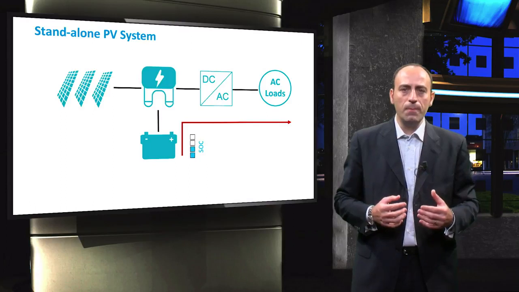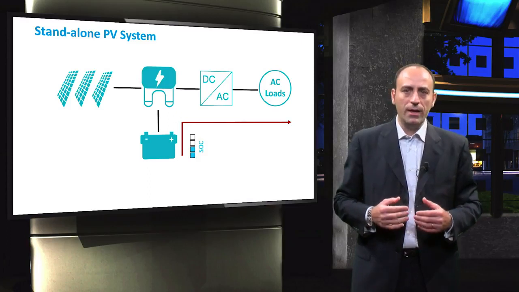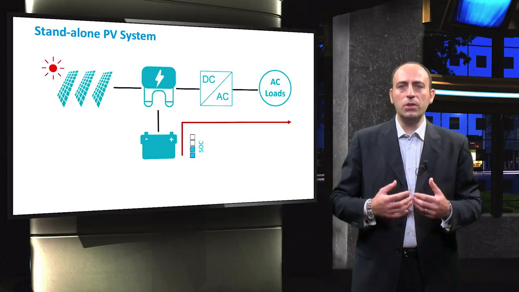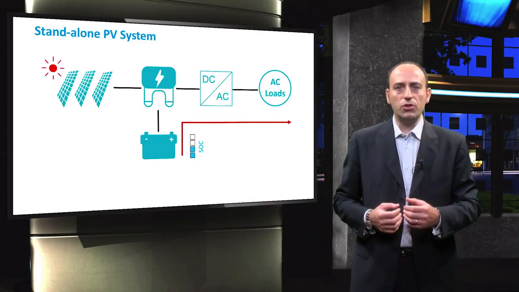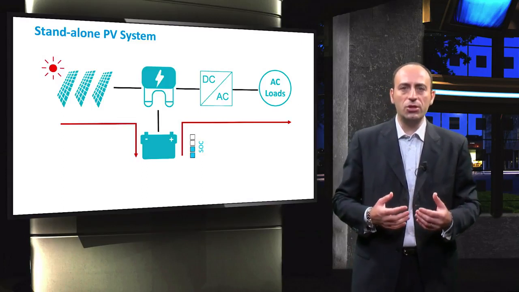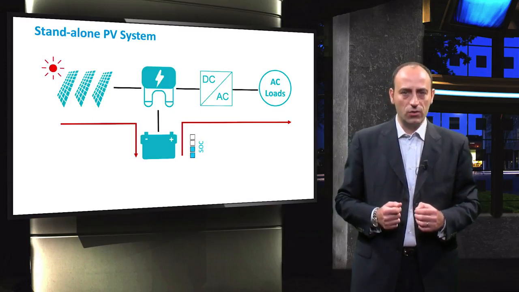Now the battery will supply energy to the load while its state of charge starts to reduce. Later, when the sun is available, the PV module begins to deliver electricity. This energy is sent to the batteries for recharging them.